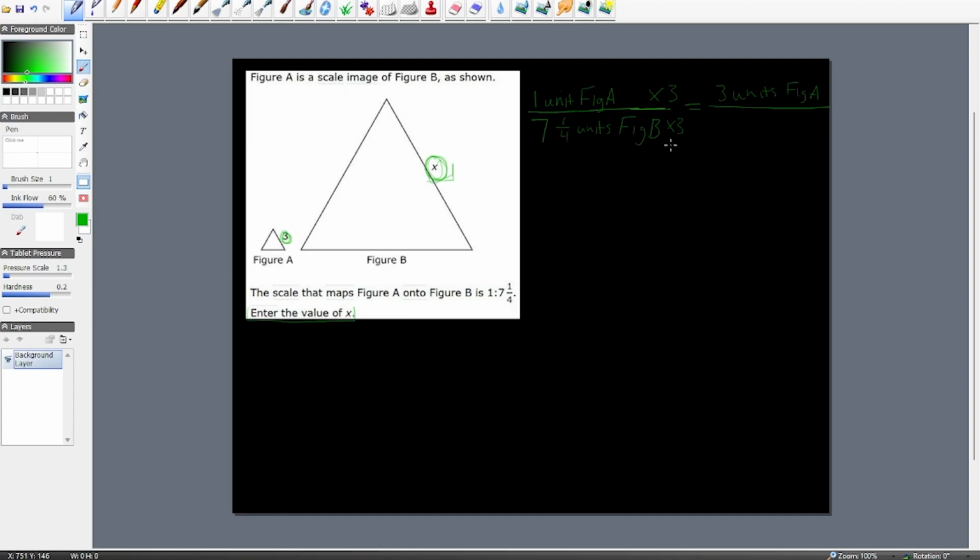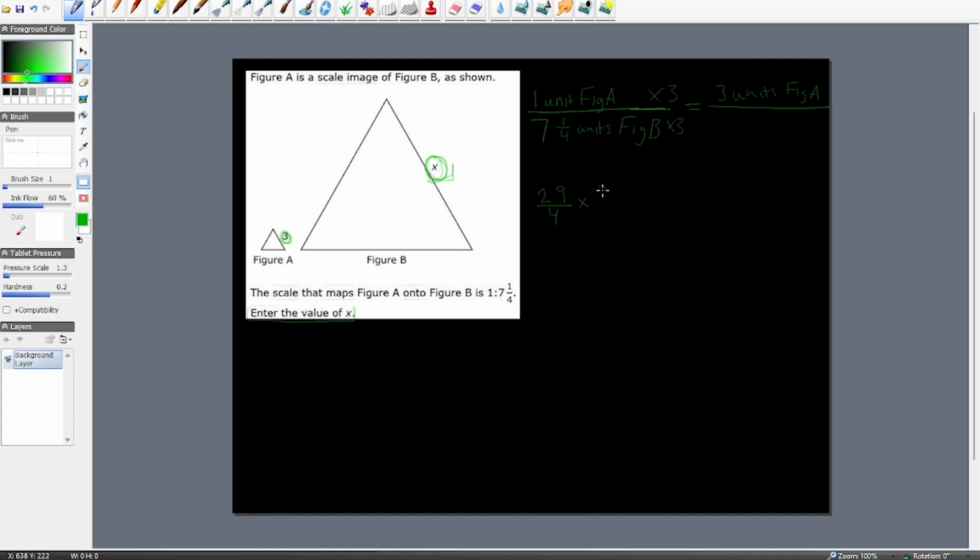So let's come down here so we can actually do some math, and then we'll come back and fill that in. So 7 1/4, we're going to need to change that to an improper fraction. 4 times 7 is 28, plus 1 is 29. The denominator stays the same, so that becomes 29 over 4 times 3.